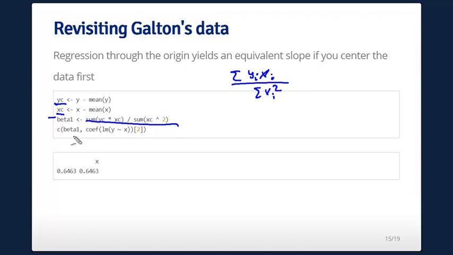Then I'm going to compare my slope, beta 1, 0.64, with the coefficient if I included an intercept, which again is 0.64, you see. So the regression through the origin slope, having centered the data, is exactly the same as the slope you get if you were to fit an intercept and not demean the data first.